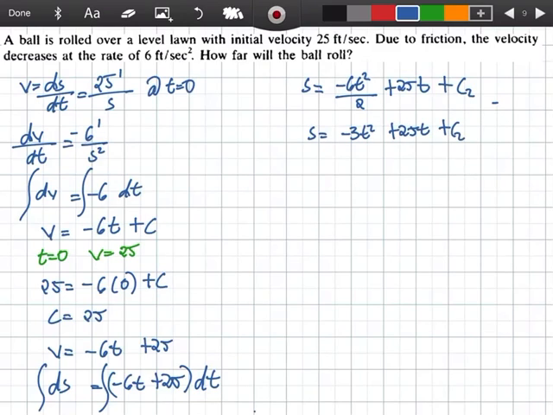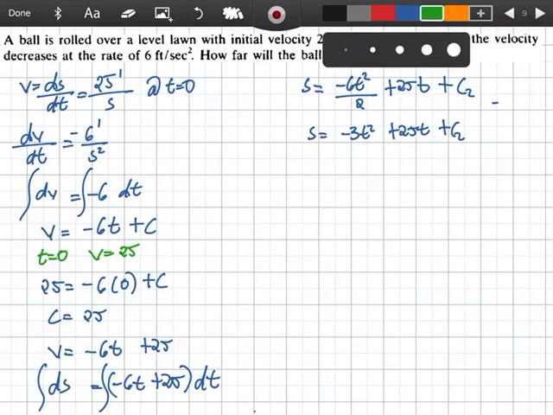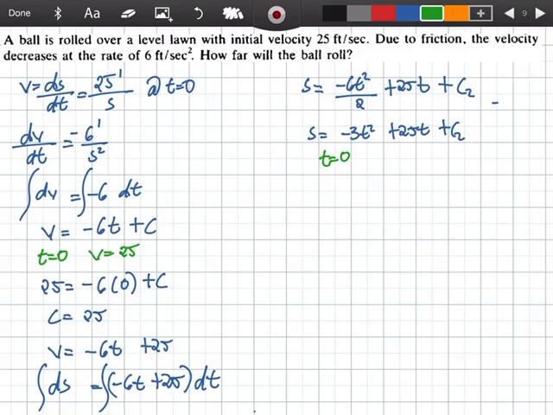What's the next thing to do? What did the ball travel at t equal to 0? Of course, it hasn't traveled yet. So when t is equal to 0, S is equal to 0. That means 0 equals negative 3 times 0 plus 25 times 0 plus C2.